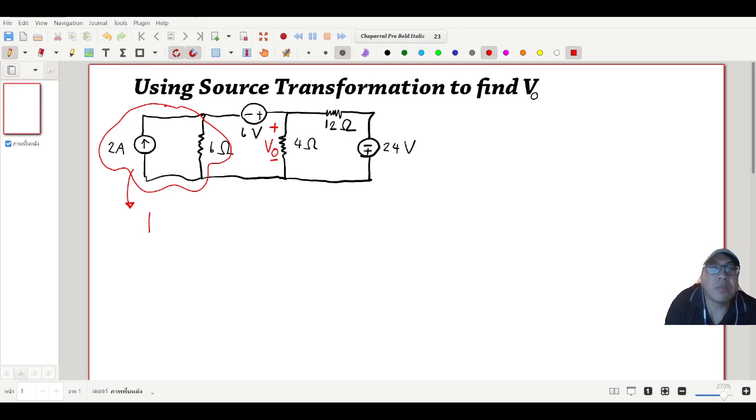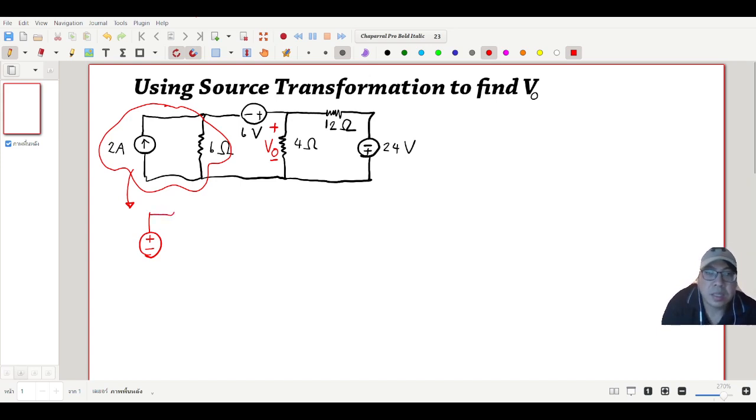We can transform the current source here, and the arrow is in the upward direction. After you transform to the voltage source, the direction will be upward, with the negative in the bottom position and the positive side in the upper position, like this.